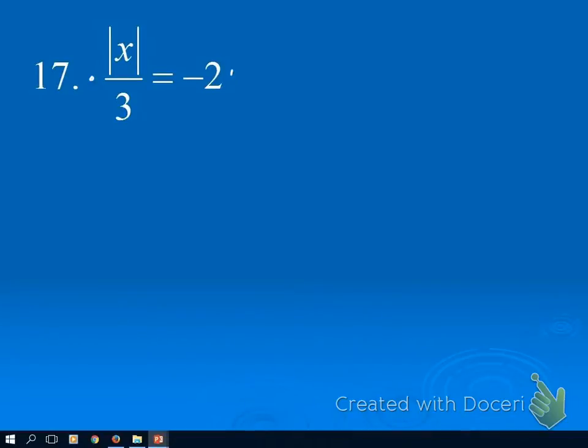Okay, multiply 3, multiply 3. It doesn't matter how you approach this. Absolute value of X is equal to negative 6. That's got to be no solution. Absolute value bars cannot be negative. Okay? And that's all there is to it.